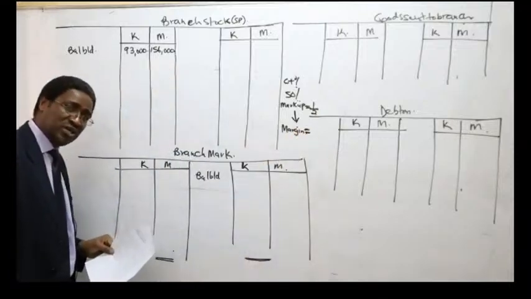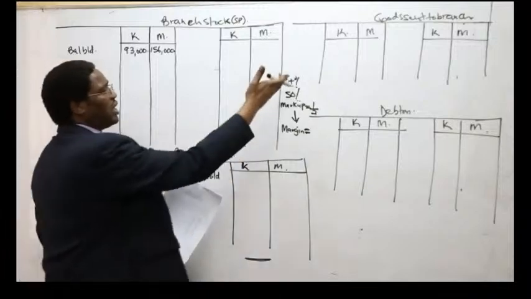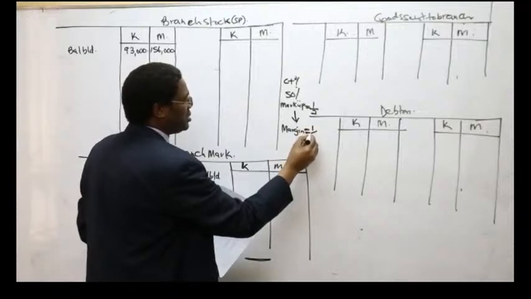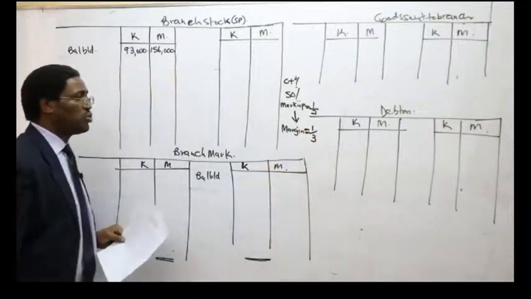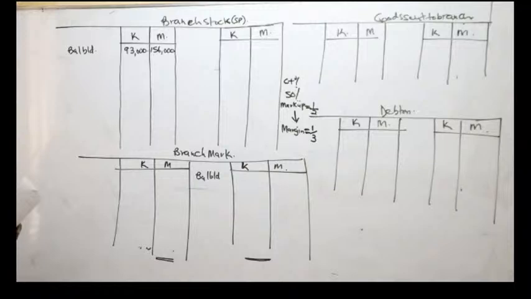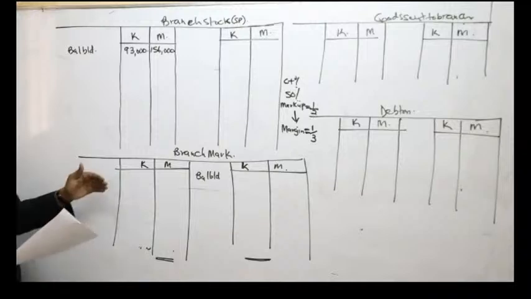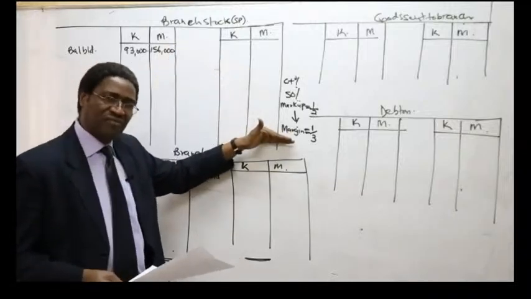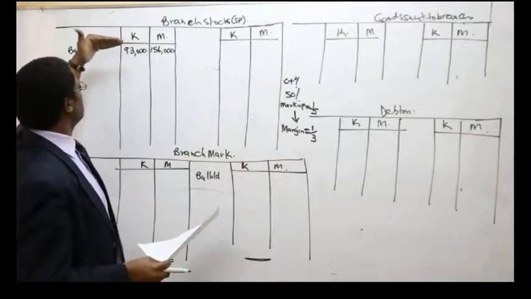Of course, I know you know that when you're given a markup of a half, the margin of that company is a third. I hope you know how to convert markup and margin. That is something you must have done in section 1, financial accounting. Okay, now that we have converted our markup to margin, now I have the margin, now I have the selling price.